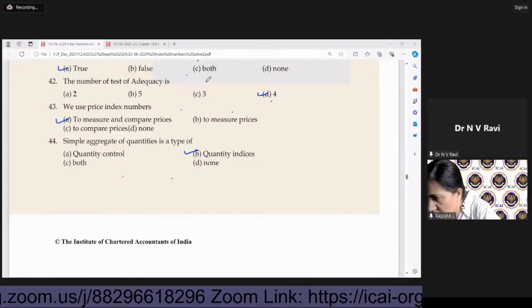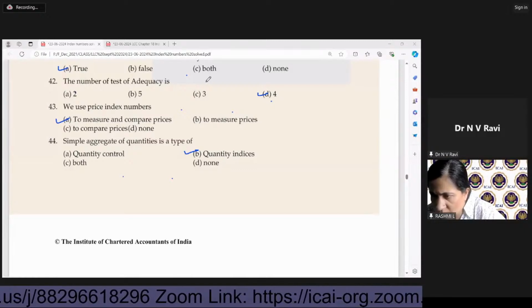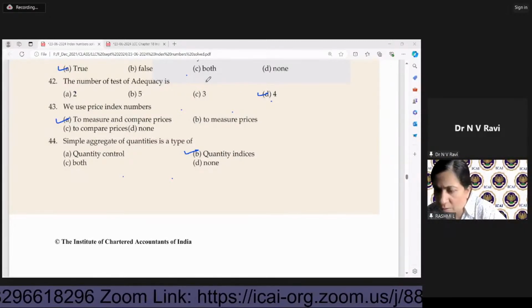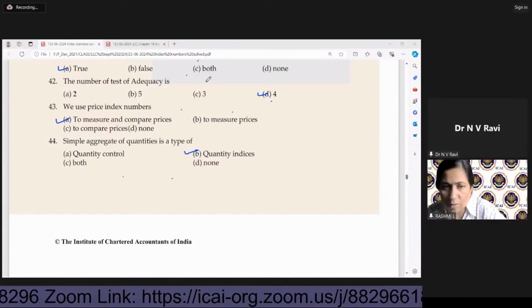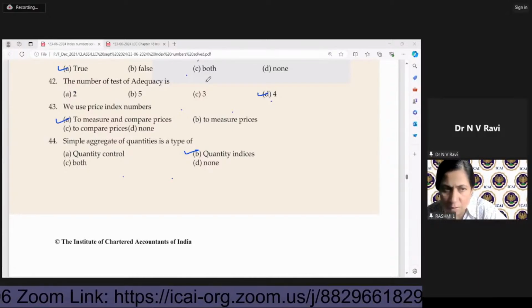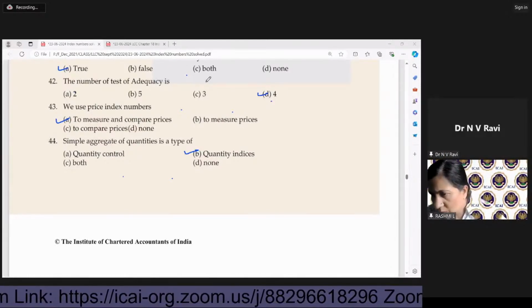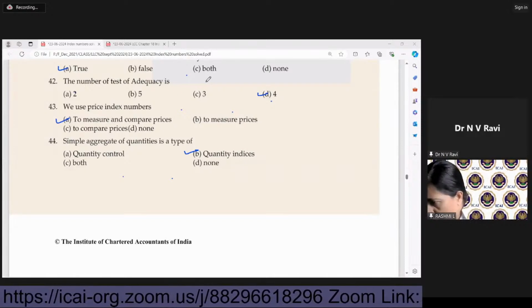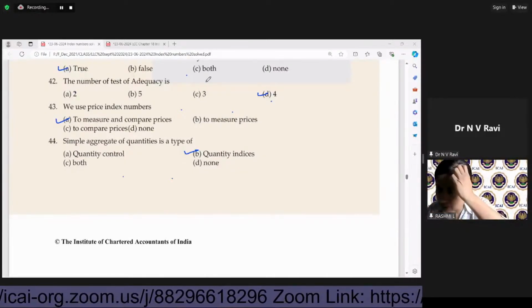Suppose last year's index number is given, and the Marshall-Edgeworth index number is also given. From this, can the Paasche index number be found or not? Can students tell us? They are not able to hear, sir. Samiksha, Reshma is saying Ravi sir's voice is not clear.